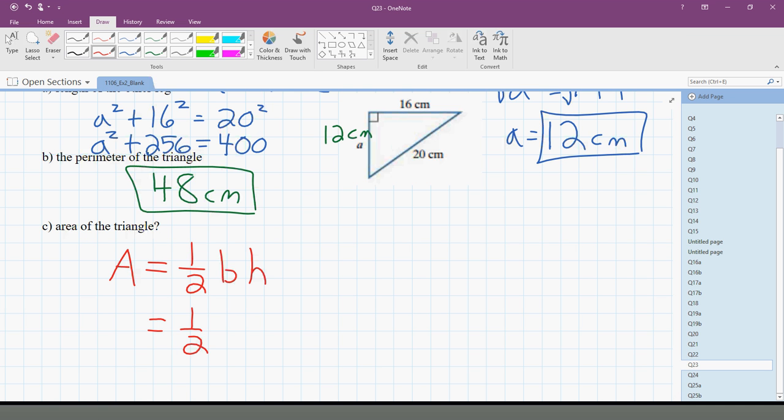So, who is your base? The base is 48? No, that's perimeter. You have to go back to your picture. Who's your base? 16. Who's the height then?